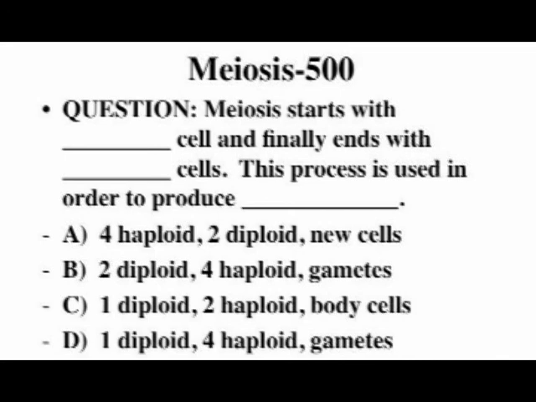Okay, that's a possibility. C, 1 diploid, 2 haploid, and body cells. Is that what meiosis is about? Body cells or sex cells? Okay, and finally, D, 1 diploid into 4 haploid with gametes. Okay, and who knows the answer?